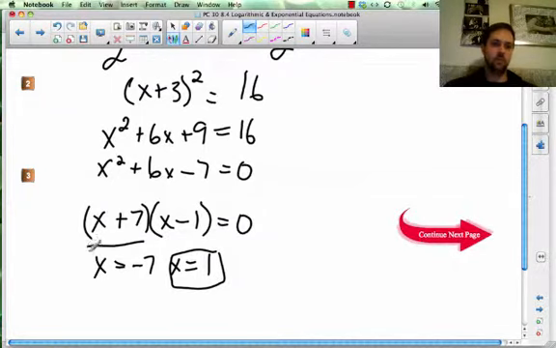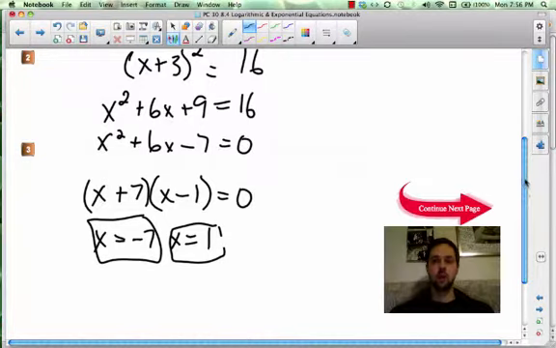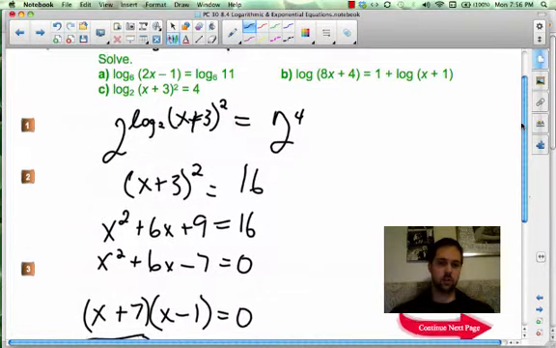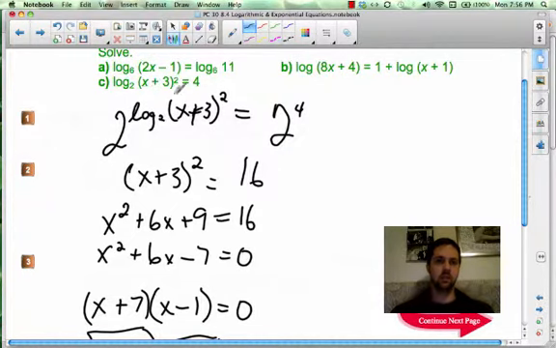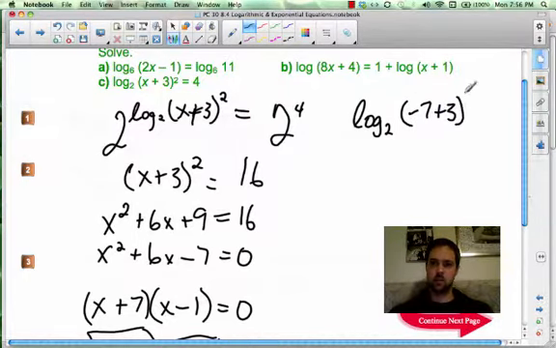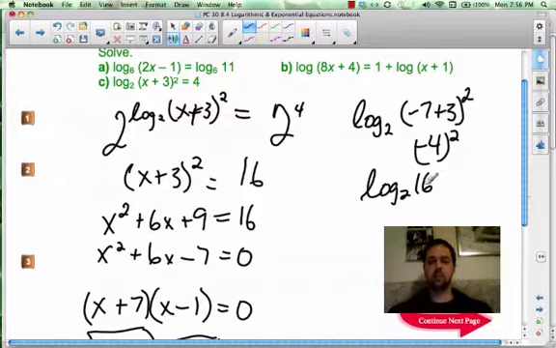Now, let's see if both of these situations are possible. In order to do that, all we have to do is go back up to our original function and plug in each of these values and see if the log is defined. So for minus 7, log base 2 would be minus 7 plus 3 all squared, and minus 7 plus 3 is minus 4, and then you square it and we get log base 2 of 16, which is a possible scenario.